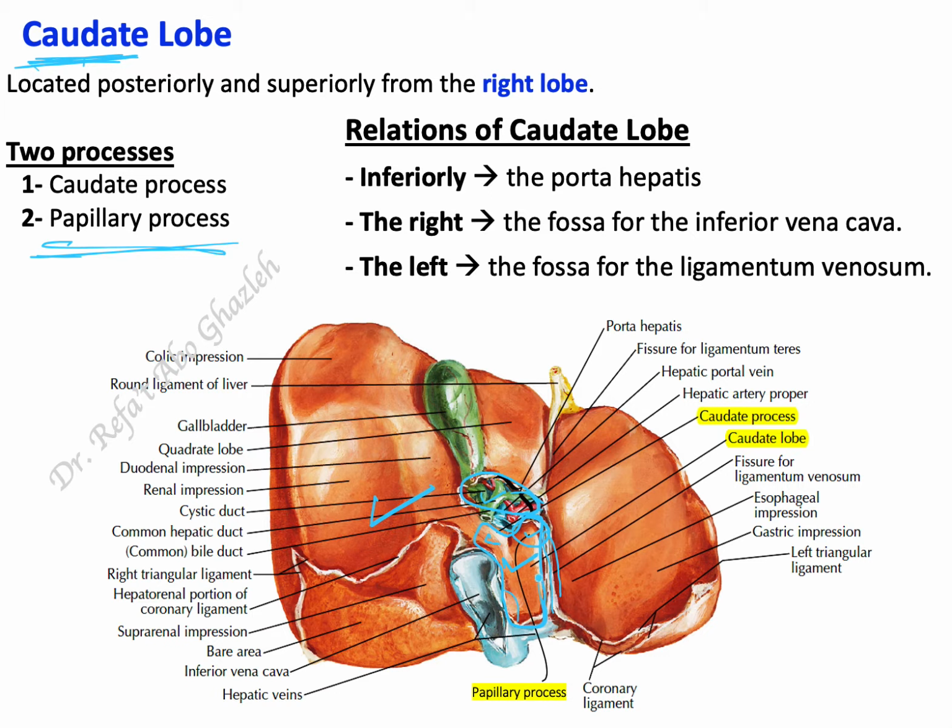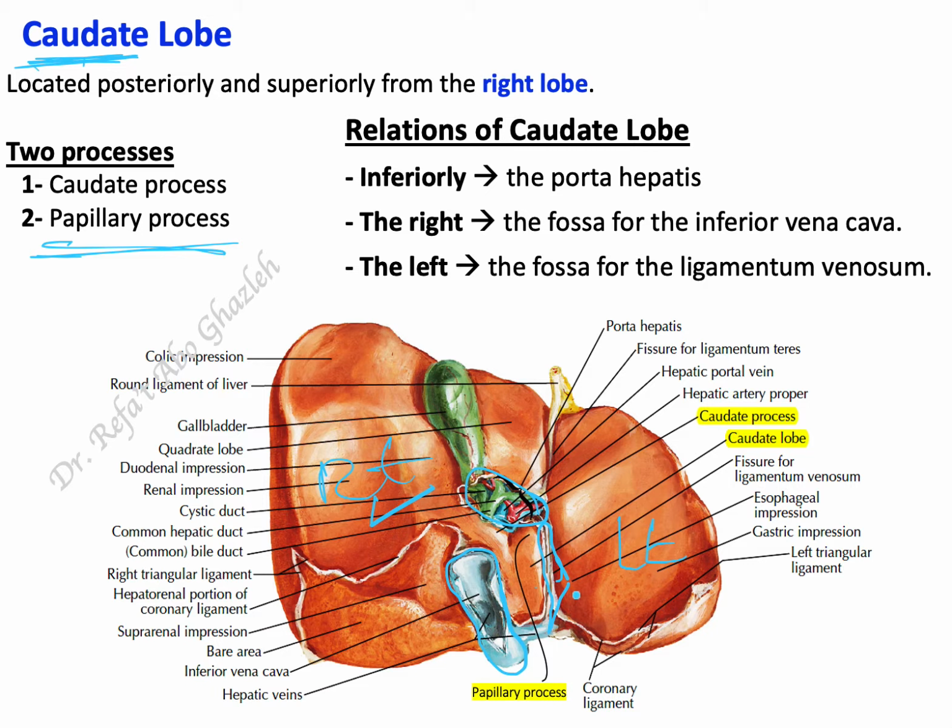So, what else? The relations of this lobe: inferiorly the porta hepatis, and to the right there is the groove, the fossa for the inferior vena cava, and to the left there is the fossa for the ligamentum venosum.